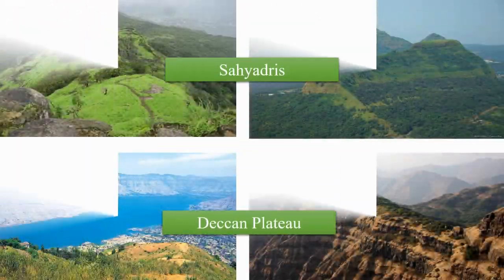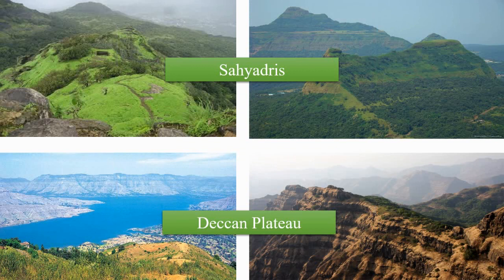The Maharashtra plateau and the Sahyadris are formed out of igneous rocks. Basalt is a major example of igneous rock. We also realize that the black cotton soil is formed by black basalt rock. Black cotton soil is also found in the Deccan plateaus.